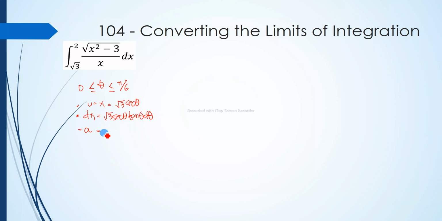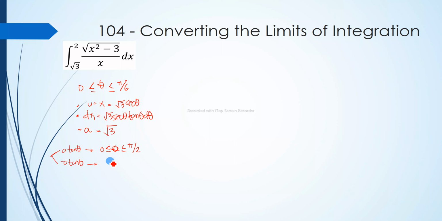Our a is equal to square root of 3. What else do we need? Here, again, if you remember, in our introduction, we have the a tangent theta, and then the negative a tangent theta. So we're going to use this one if our theta is greater than or equal to 0 but less than or equal to pi over 2.